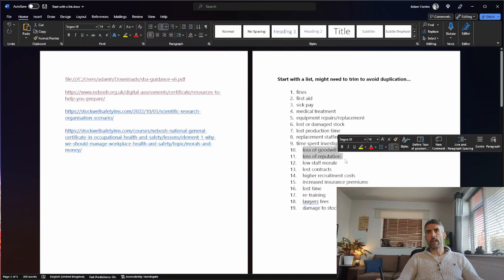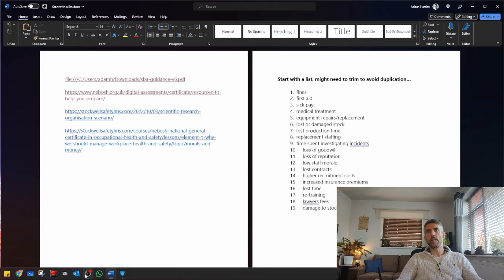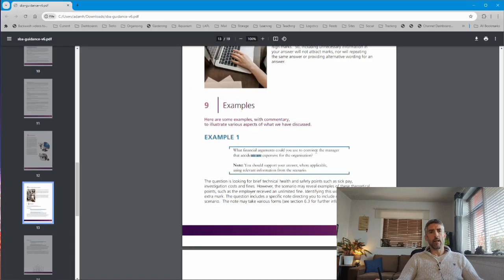And even with getting rid of the duplication, you could say that maybe 10 and 11 is the same thing, maybe even 13. I don't, but either way, we've got plenty to work with here. Let's imagine that this question is a 10-point question. They don't actually give that in this example.